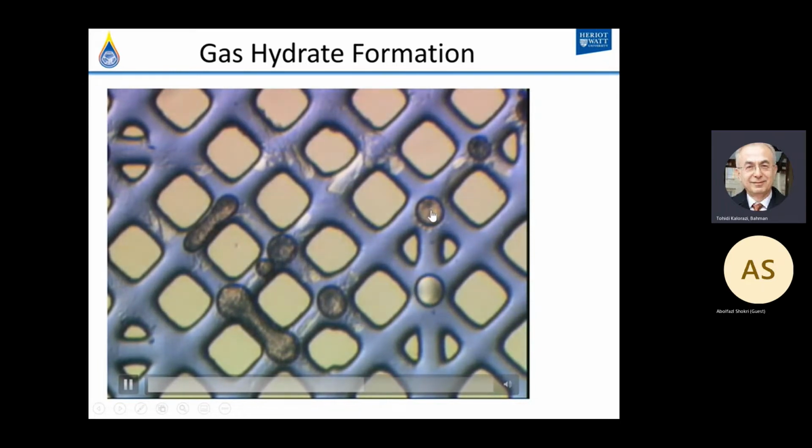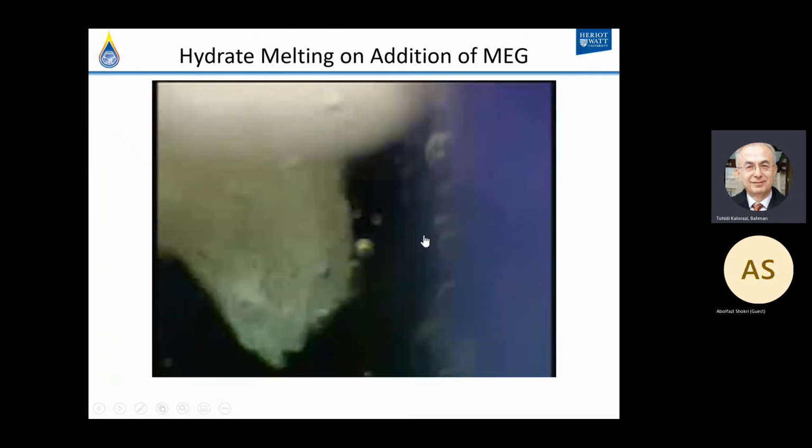Here is formed hydrate, and now it is growing from here, and this gas is shrinking and forming hydrate. So you see that the gas doesn't need to be at the point of hydrate formation. The gas by diffusion can go to the point of hydrate formation.